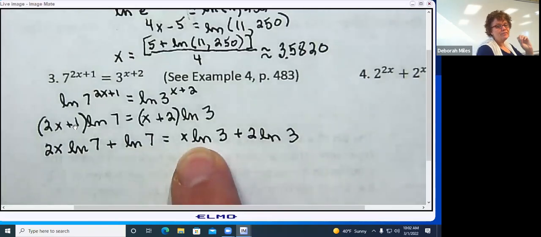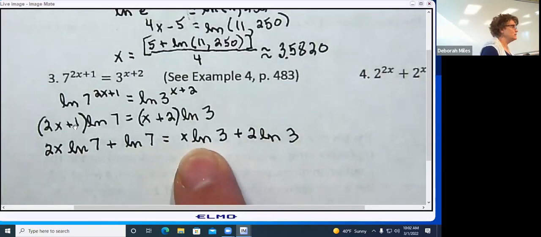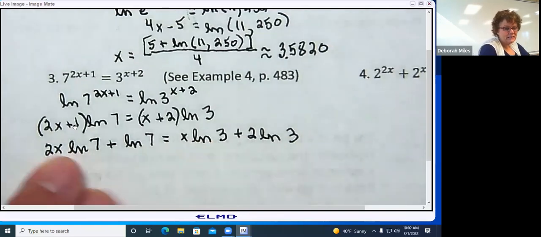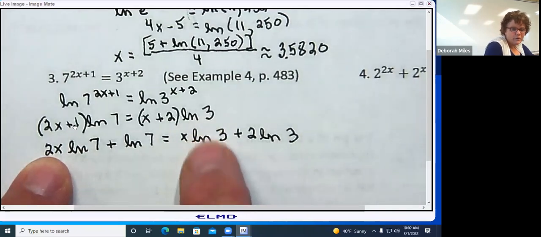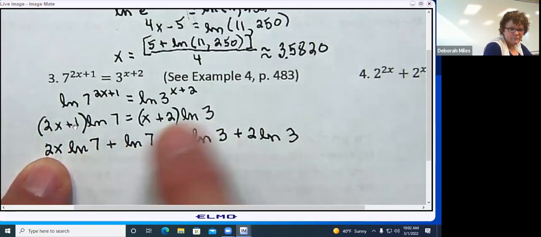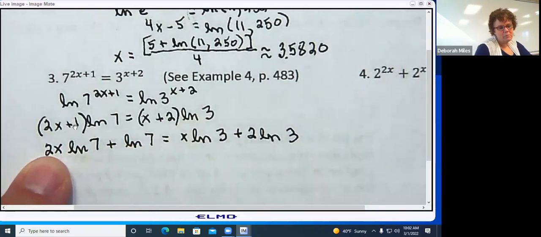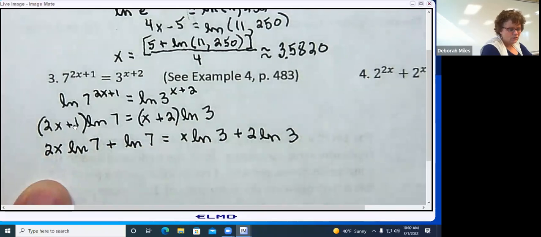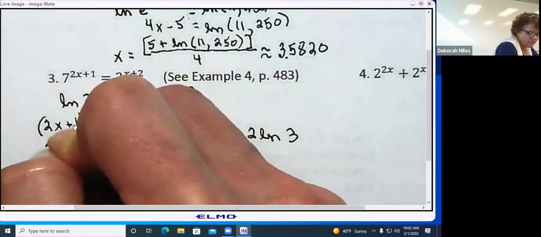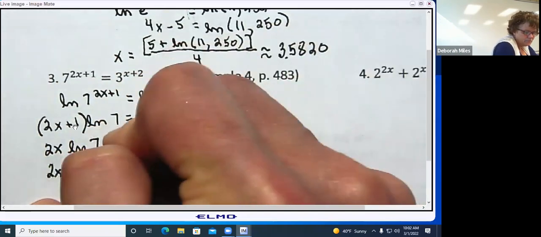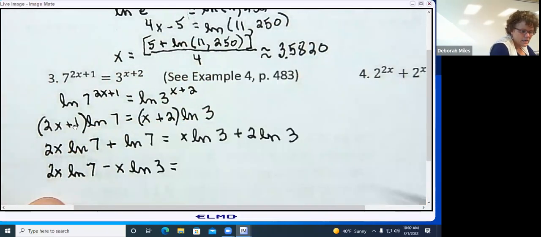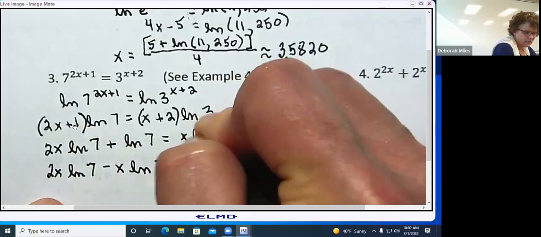I try to move things to the side that'll leave me the fewest negatives. I would prefer to get my x's on the left just because that would involve one negative. Actually, this problem would involve 2 negatives no matter which side I got things on. So I'm just going to get my x's on the left and my constants on the right.